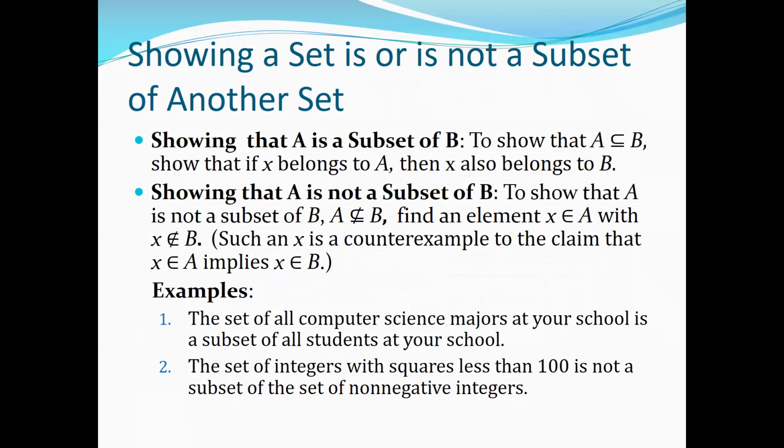So to show that A is a subset of B, show that if X belongs to A, then X also belongs to B. If we ask you to show that A is a subset of B, then for every member X, you will see if X belongs to A and that also belongs to B, then only can you prove it.